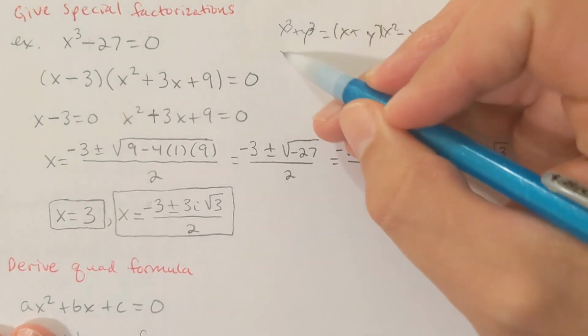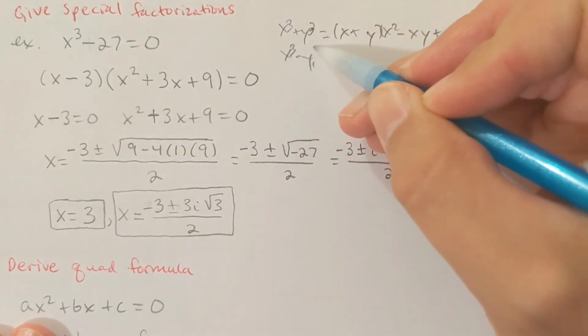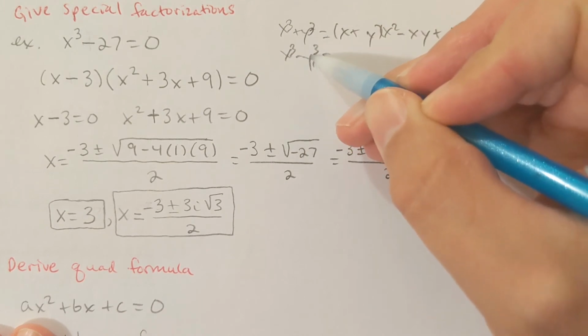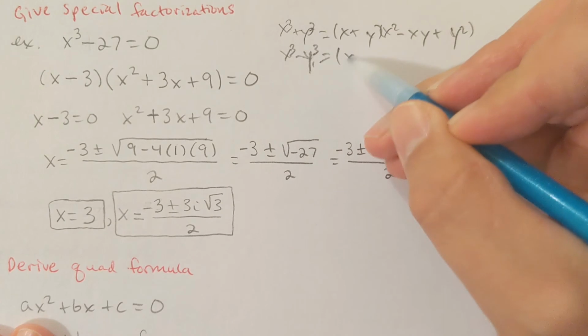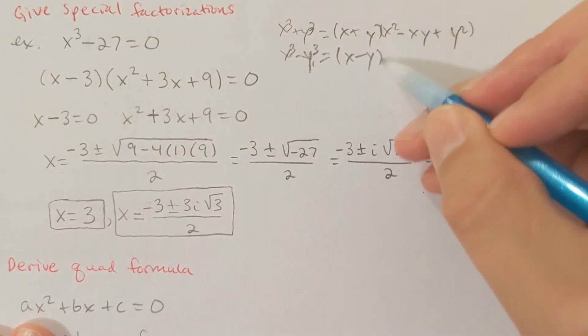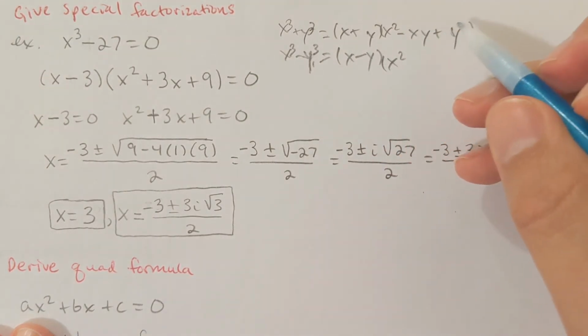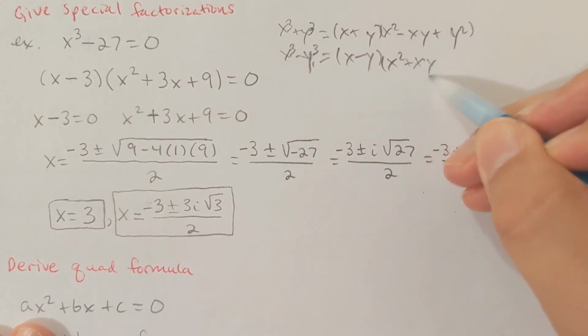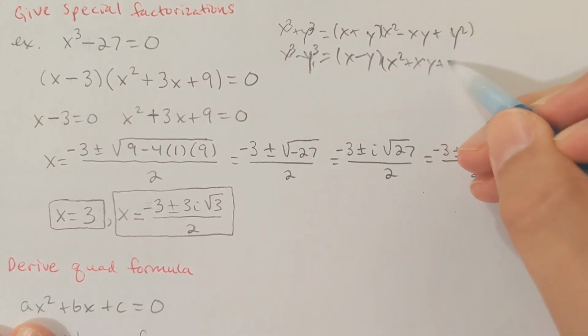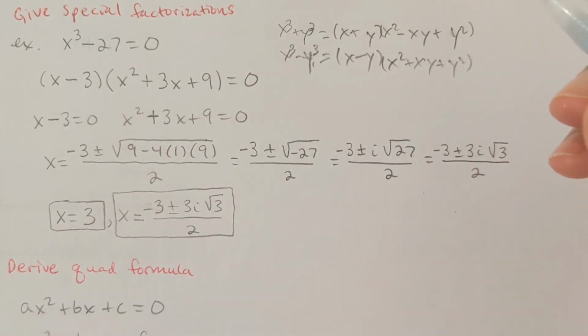Okay, x cubed minus y cubed factors as x minus y times x squared plus xy plus y squared.